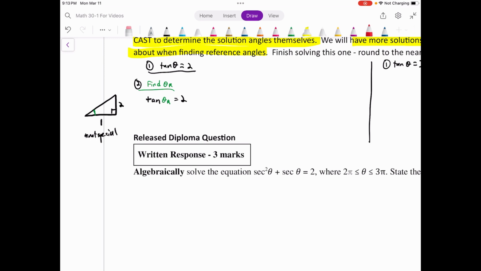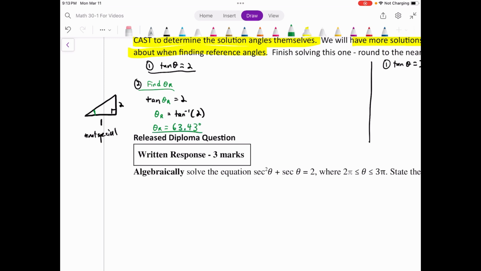It's got a very creative name. It's inverse tan, second function tan on your calculator, or shift tan on some calculators. So theta r must just be the inverse tan of 2. And if you put that in, always keep a few extra decimal places here. Don't overround, okay? I got 63.43 degrees.